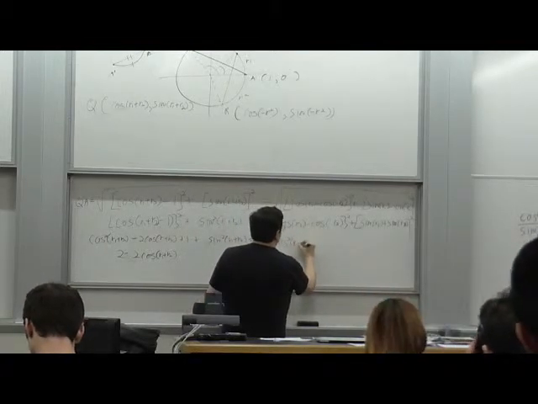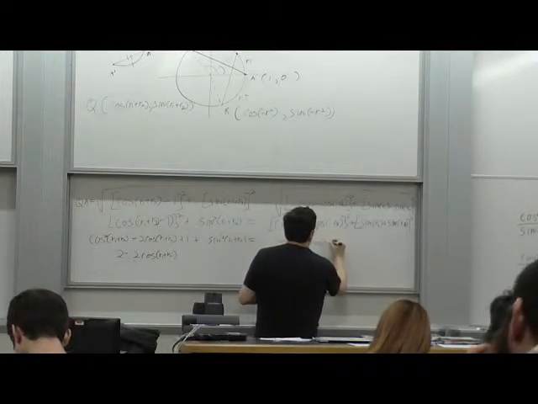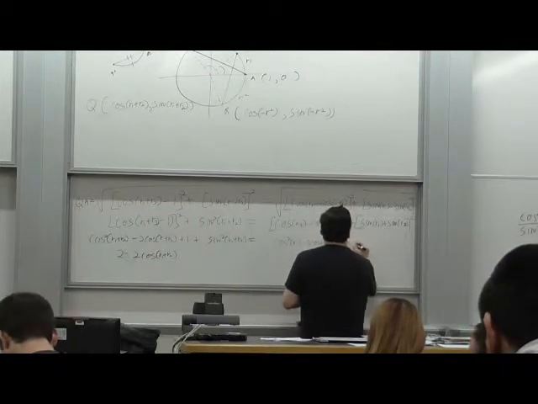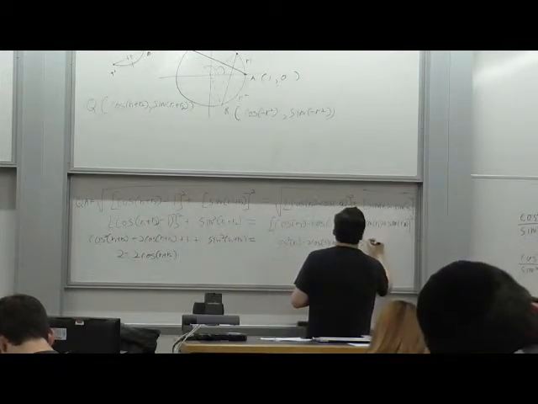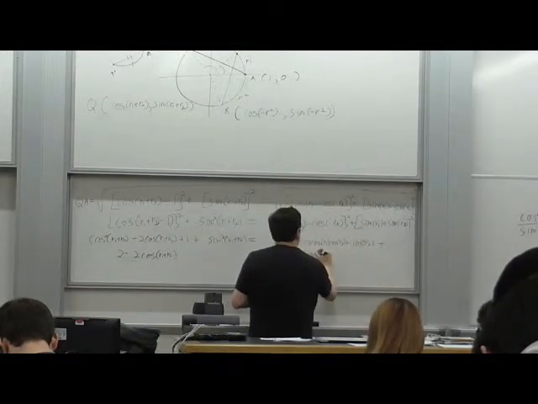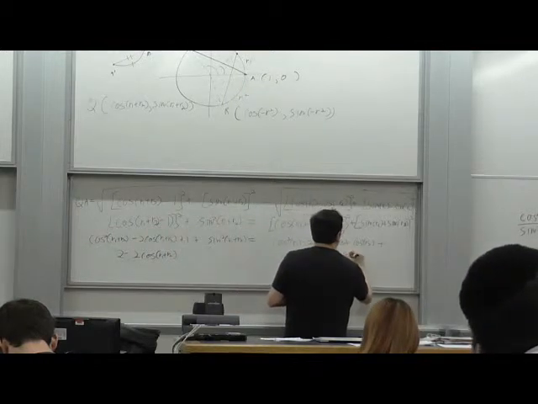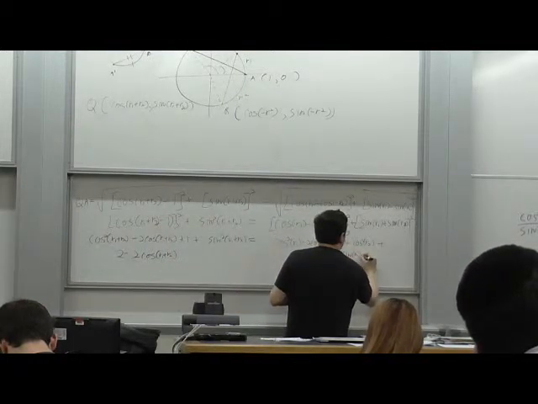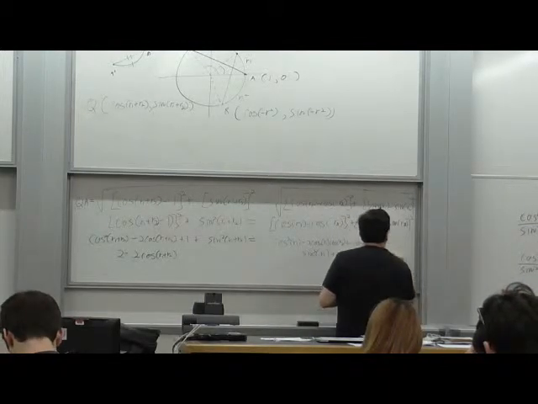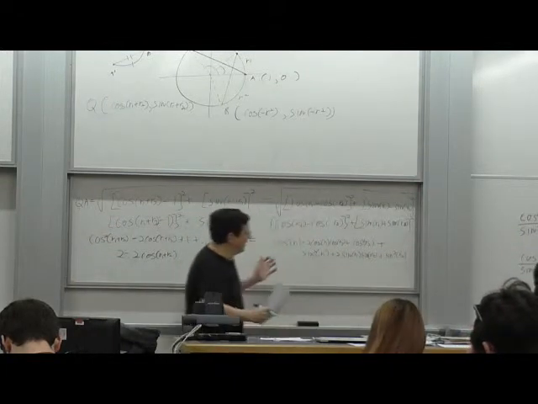Cosine squared R1 minus 2 cosine R1 cosine R2 plus cosine squared R2 plus sine squared R1 plus 2 sine R1 sine R2 plus sine squared R2. Now I'm going to do that same thing I said before.